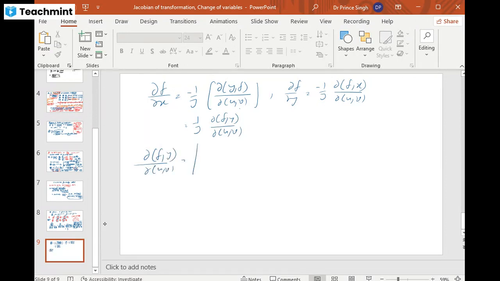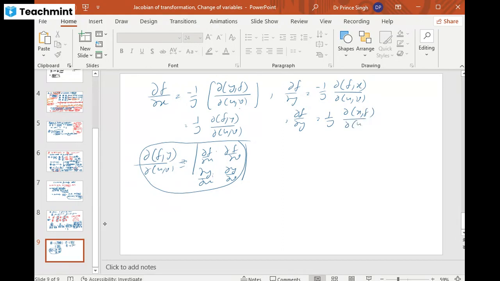This is ∂f/∂u, ∂f/∂v, ∂y/∂u, ∂y/∂v. So if I interchange two rows, it means that we need to adjust one negative sign to balance the value of the determinant, right? So similarly, here also if I want to adjust this negative sign, I can write 1 upon J times the Jacobian of xf with respect to uv.